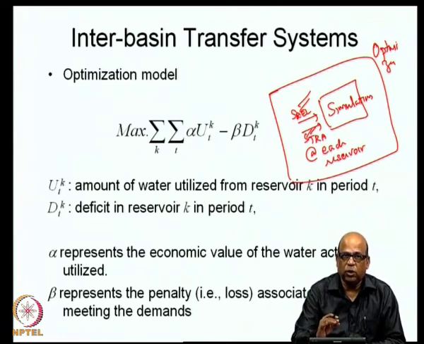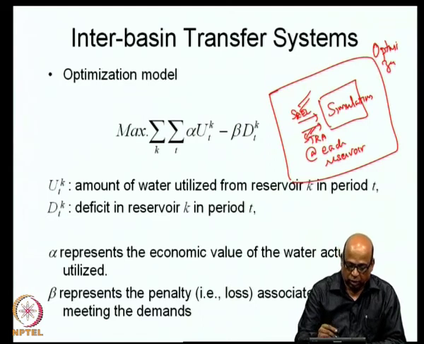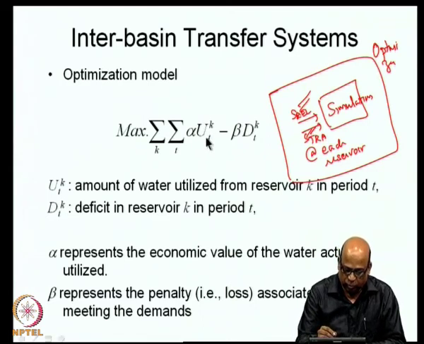All of these three together we call it as utilization. So, the amount of water that was available has been actually utilized, and that is the term UTK, that is what I am saying here.